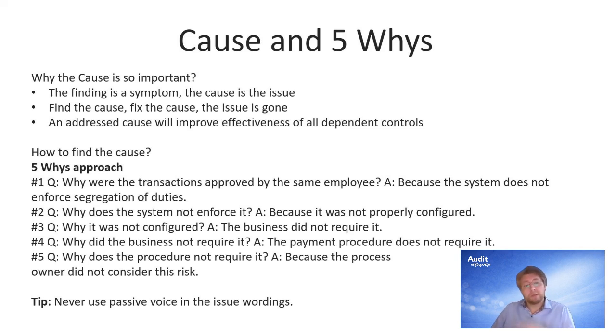The configuration is with technology, but business didn't require it, right? Now, why didn't business require it? Simple, the payment procedure doesn't require it. Well, why don't we have it in the payment procedure? Because the process owner didn't consider this risk when they designed the process.